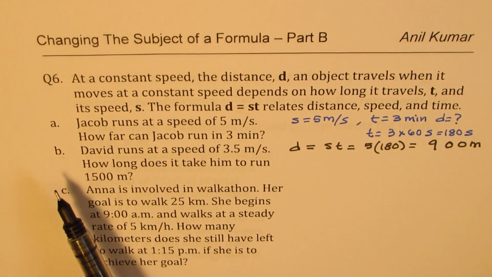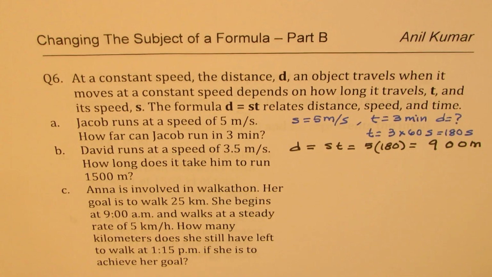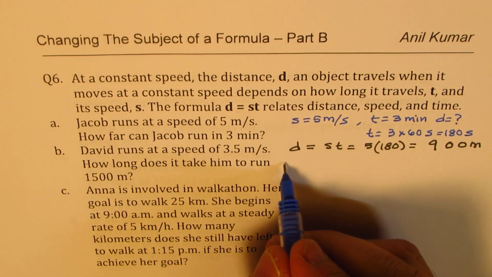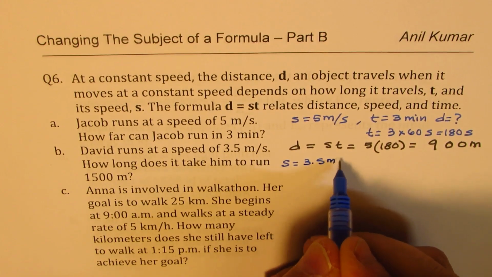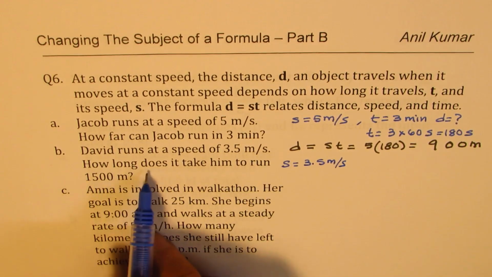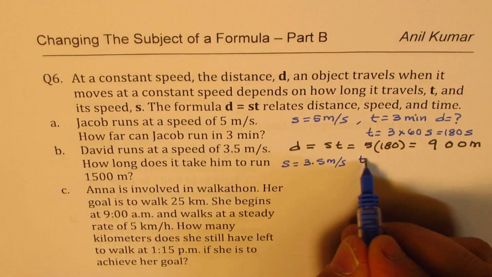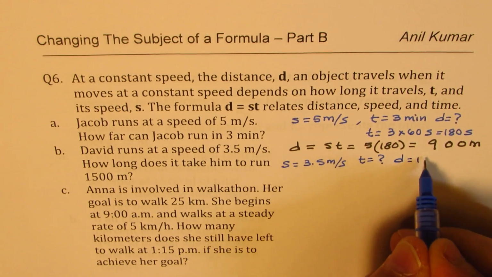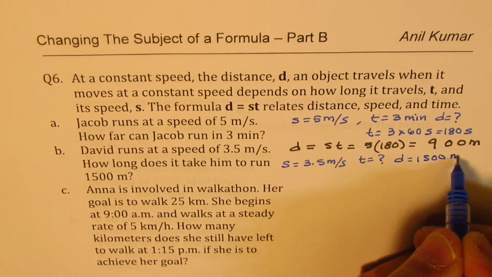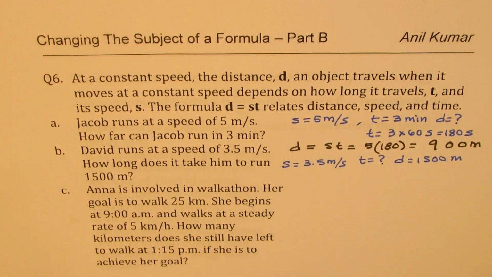Okay? Part B. David runs at a speed of 3.5 meters per second. So again, we are given speed in meters per second, 3.5 meters per second. How long does it take him to run 1500 meters? So this time we have to find time, and we are given the distance d as 1500 meters, correct? So you need to rearrange this particular formula.